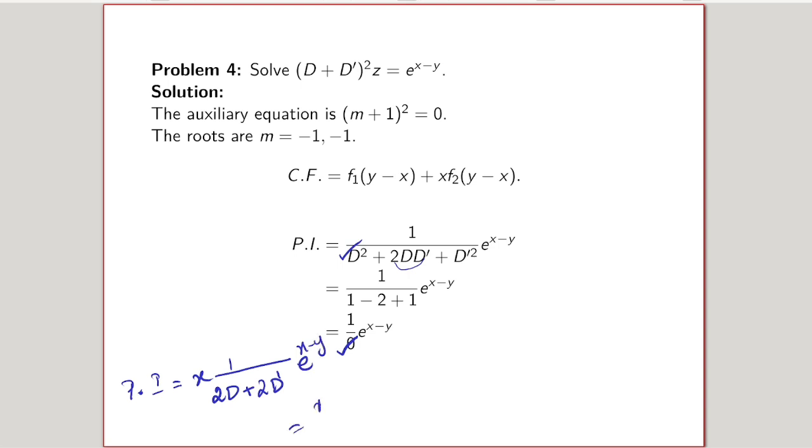So this is equal to x by 2 into d is 1 plus 2 into d dash is minus 1, e power x minus y. This is equal to x divided by 2 minus 2, e power x minus y. So we'll get x by 0 e power x minus y.